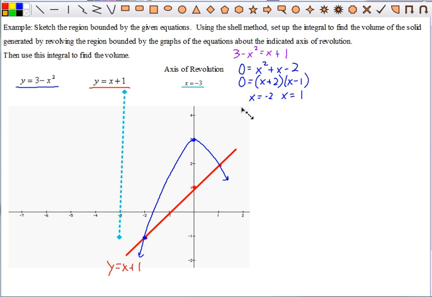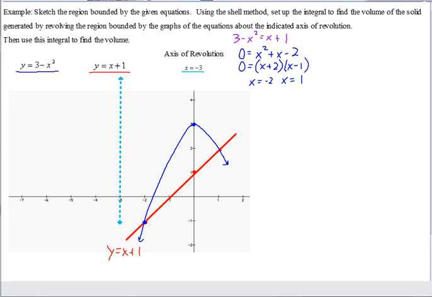So that's what we're revolving around. All right, so now let's draw a representative rectangle. And even though you can draw it anywhere in here, it's usually easiest to set this up correctly, if you have a choice, if you draw it in the first quadrant. So I'll draw it over here.